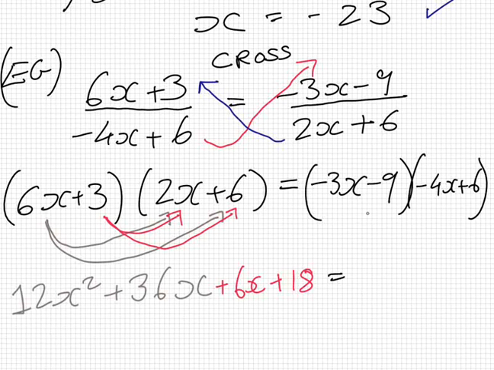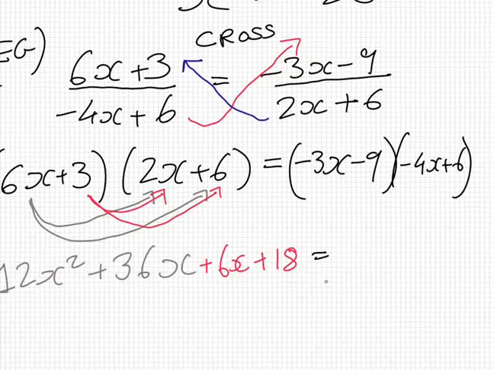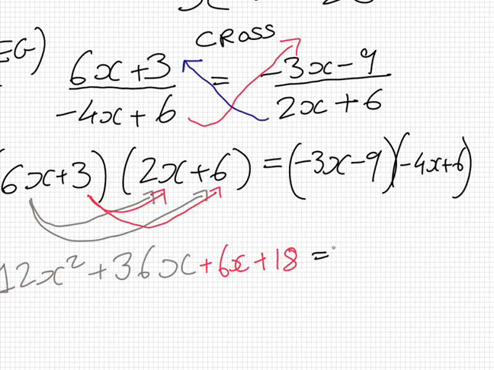So doing the same thing here, I need a bit more space. Okay, so I get 12x squared, and then minus 3x by plus 6, so that's minus 18x.